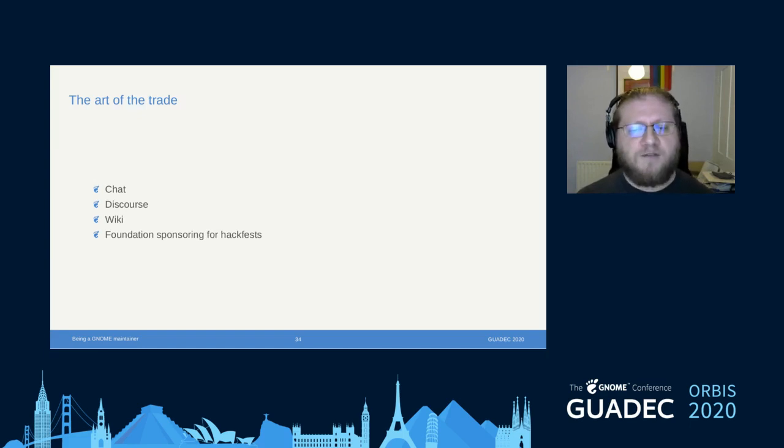GNOME offers you a bunch of services to handle this kind of thing, this kind of communication channels and knowledge transfer, for any project that is hosted on its infrastructure. You should not try to reinvent your own. Don't try and go at it alone. Don't use a different chat service.